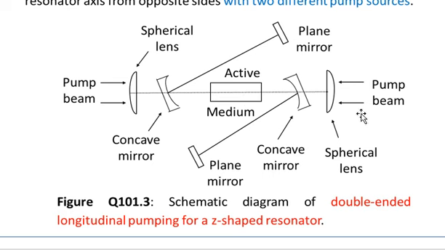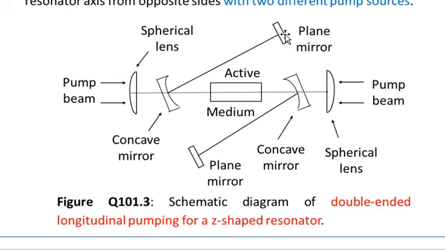So the two spherical lenses are used to couple the input beam from the diode sources onto the resonator at the center of the active medium. The cavity is formed by the two plane mirrors at the extreme ends of the Z-shaped resonator, and there are also two concave mirrors, which complete the structure of the resonator.